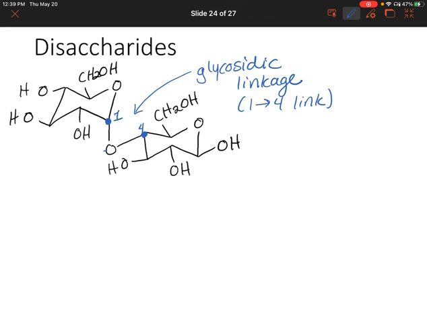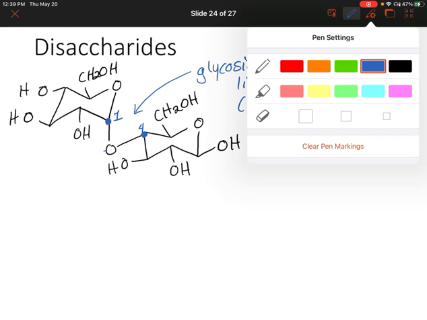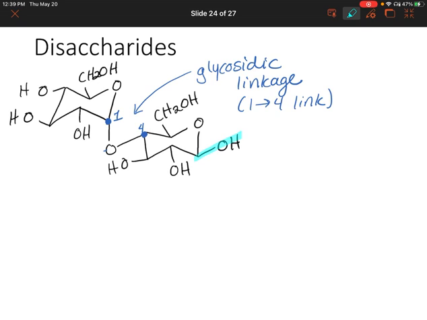Now, you can link two monosaccharides through other carbons, but this is the most common type of linkage that occurs. You can also convert this particular anomer, where the OH is pointing up, to the other anomer, where the OH group is pointing down. And again, that would be called mutarotation. So this is capable of mutarotation. Remember earlier we talked about some definitions.